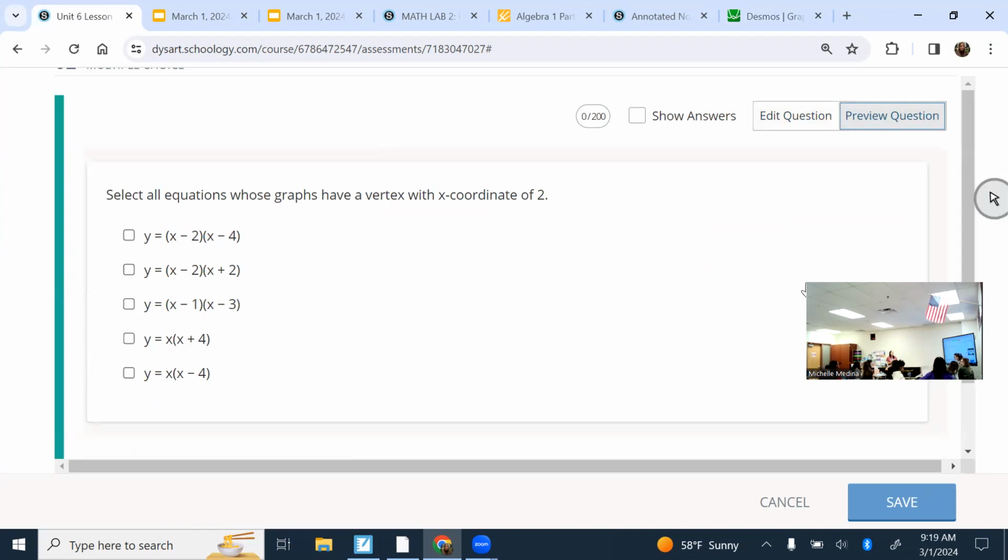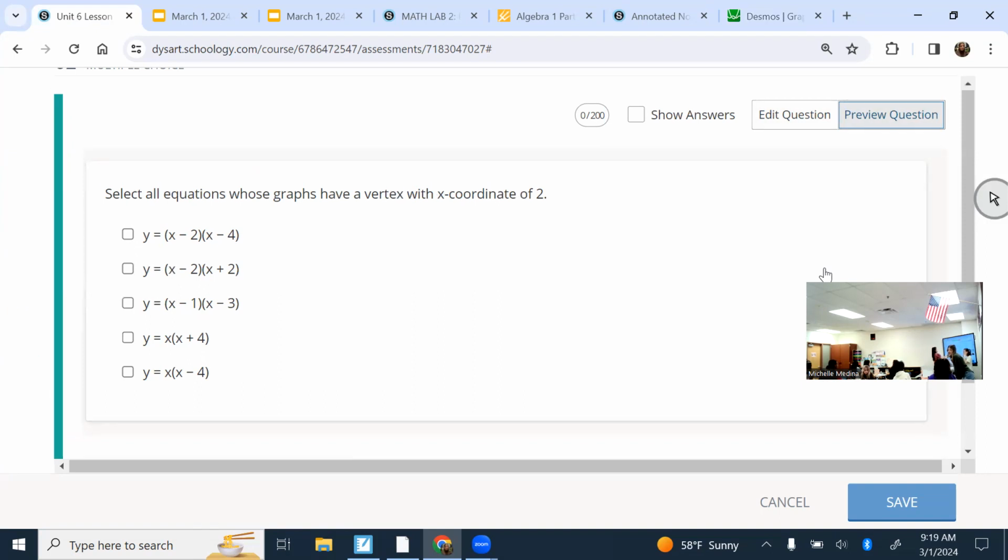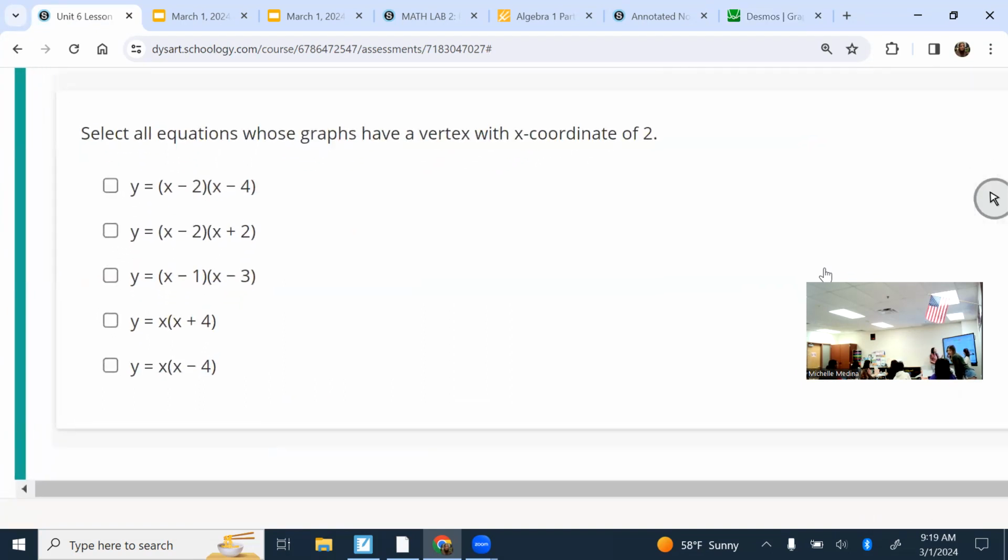Select all equations whose graph has a vertex with an x coordinate of 2. I'm going to show you without using graphing technology. So first you have to find the zeros of all of them. What would be my zeros of this first one on my list? Okay, good.